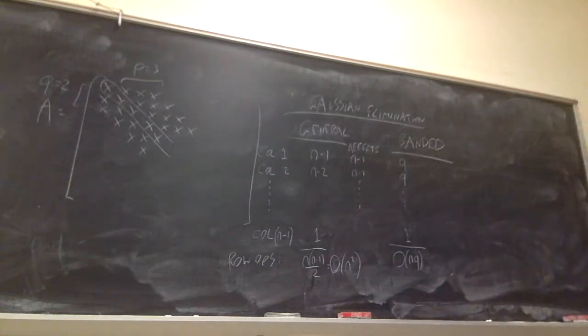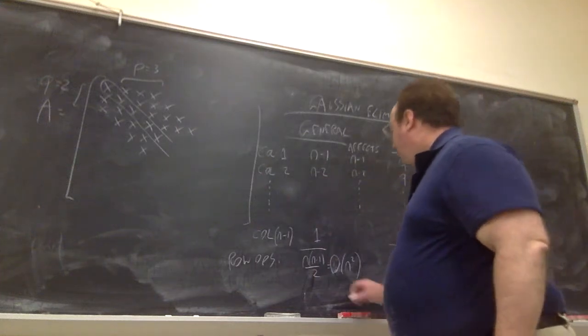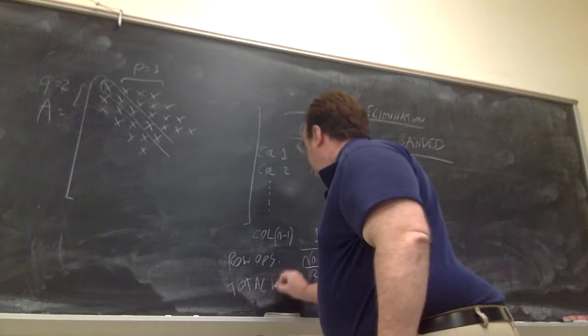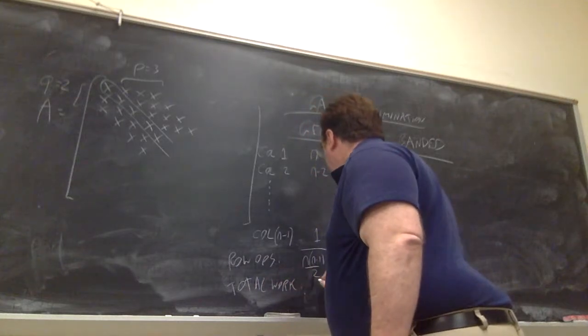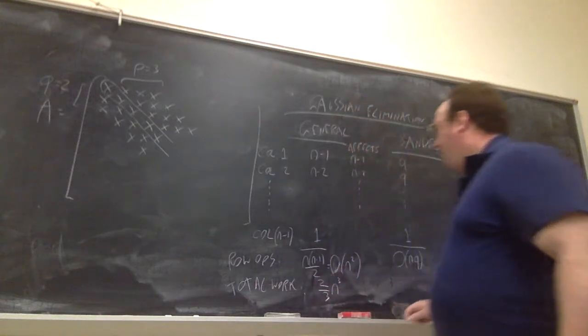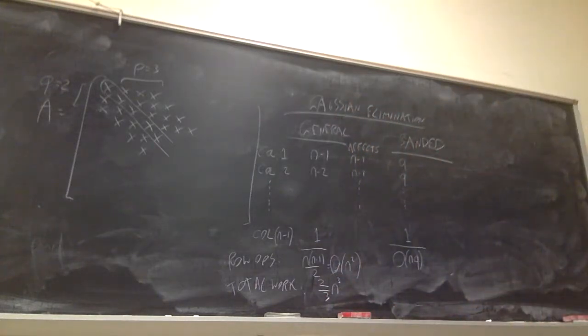So because we're performing order n squared row operations, each of which can affect nearly n, up to as many as n minus 1 entries, the total work is 2/3 n cubed plus some additional terms. So order n cubed work has to be done in the general case.